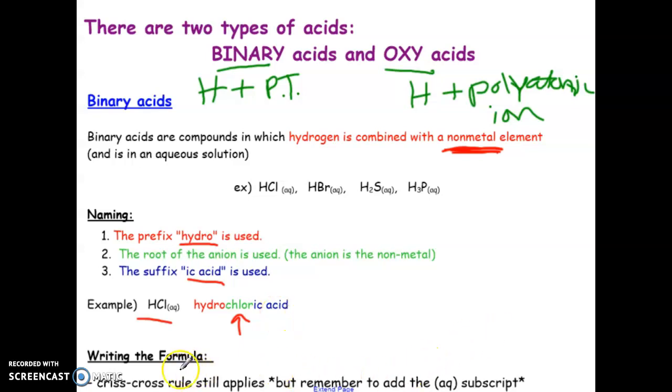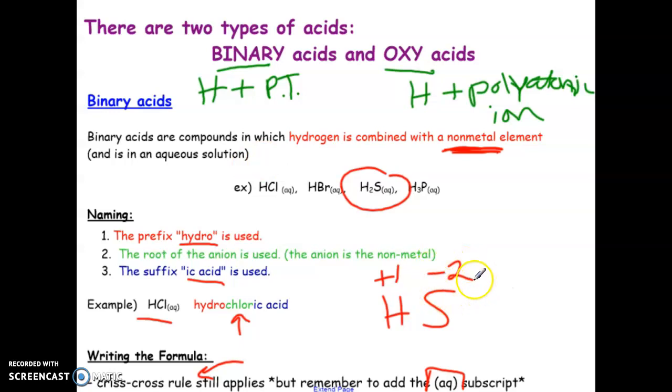Okay. Now, when you are writing the formula for a binary acid, you still follow the crisscross rule, but you have to remember to put the little AQ subscript. So for example, let's explain why we have H2S here. Hydrogen's charge is a +1. Sulfur is a -2. It gains 2 electrons to make its valence full.